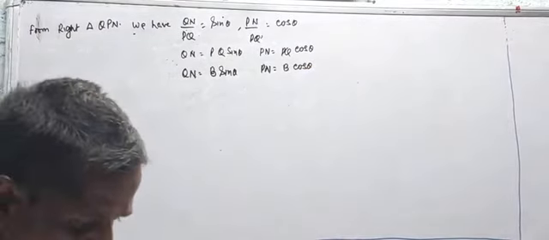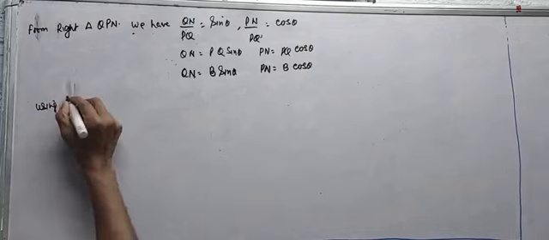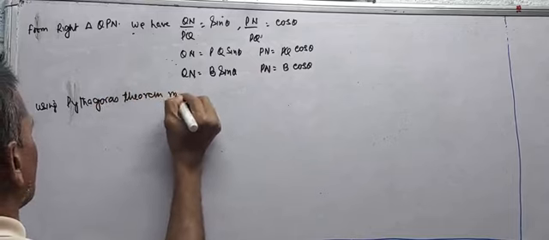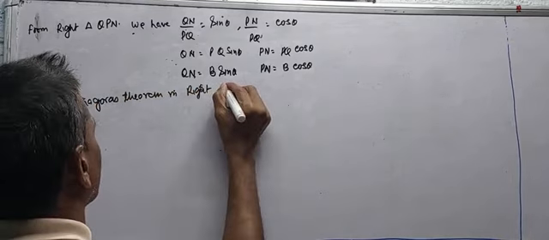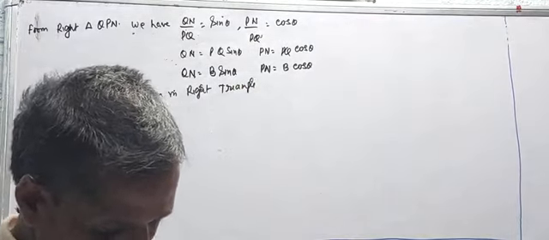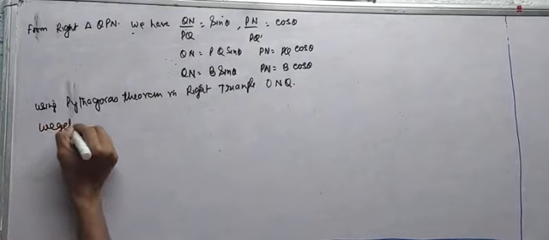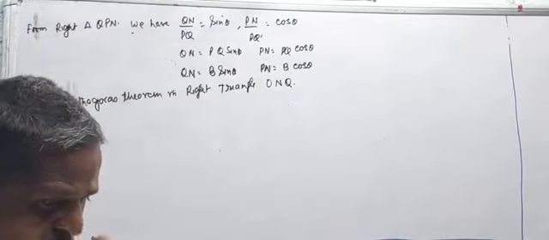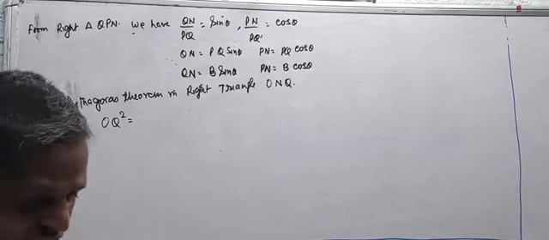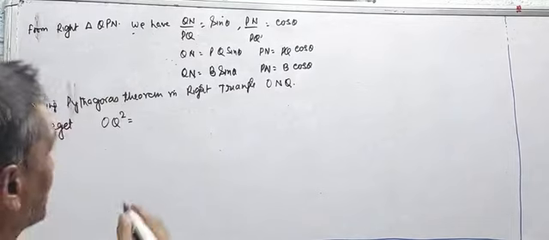Using Pythagoras theorem in right angle triangle ONQ, we get OQ square equal to ON square plus QN square.